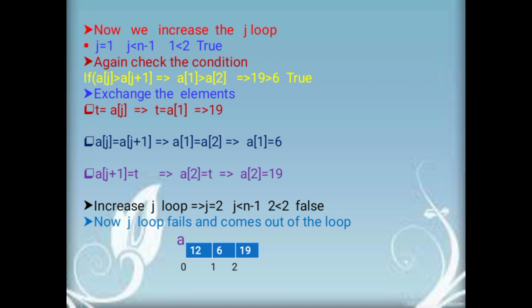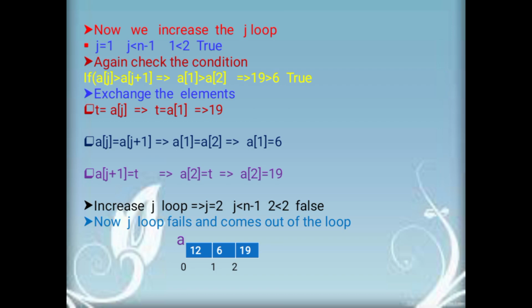Next, we increase the j loop. So j is equal to 1, j is less than n minus 1, that is, less than 2. Yes, it is true. Again, check the condition: A of j is greater than A of j plus 1. It means 19 is greater than 6. Yes, it is true, so exchange the elements.